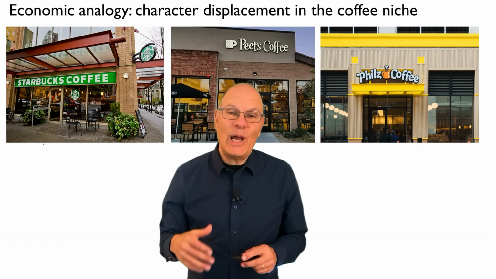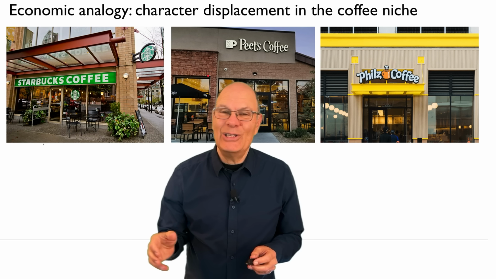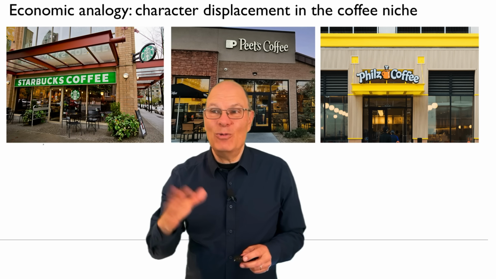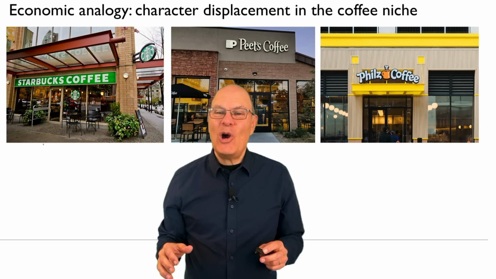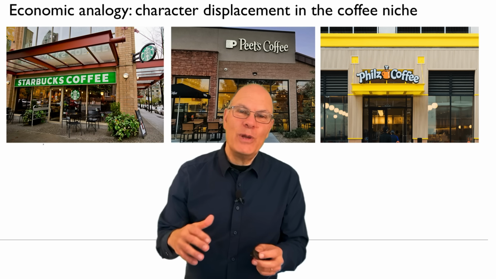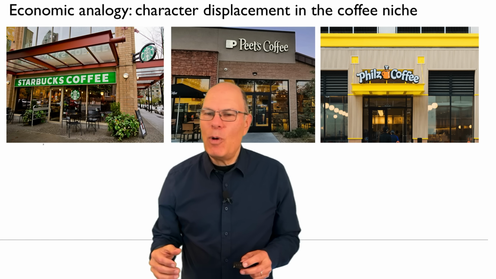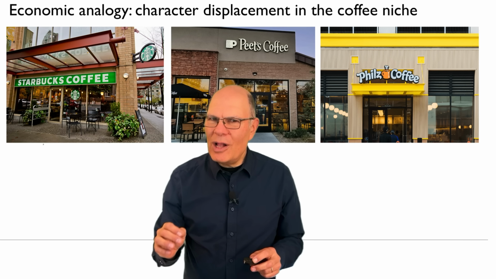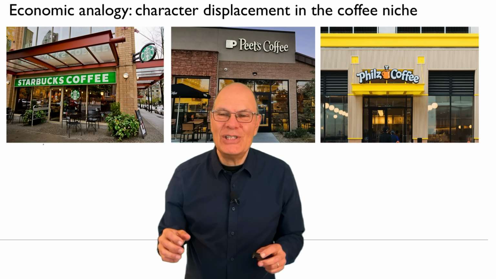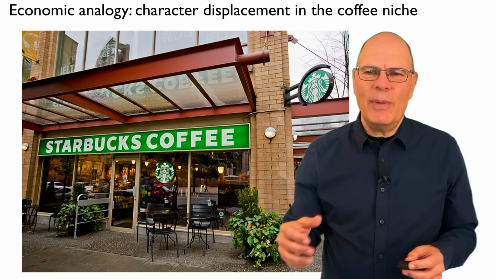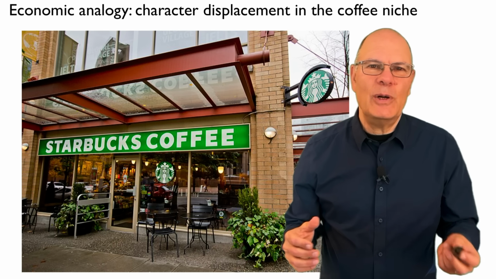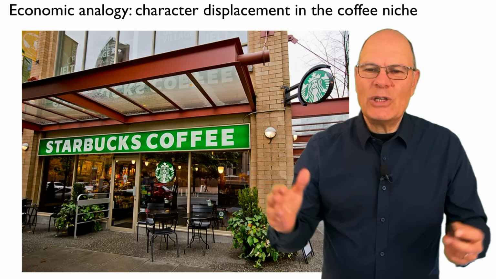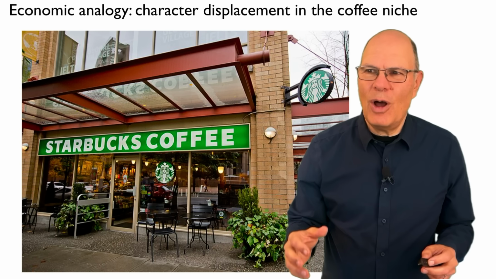To make this clear, I want to offer an economic analogy: character displacement and resource partitioning in the coffee niche. Here we have three companies that live in my part of the world, and they've all evolved slight differences through competition. Starbucks is the mainstream everyday experience with sugary specialty drinks and snacks, seasonal offerings.